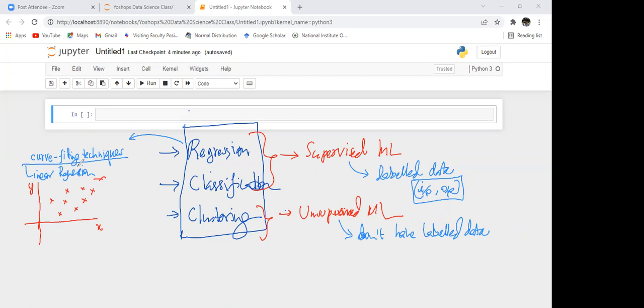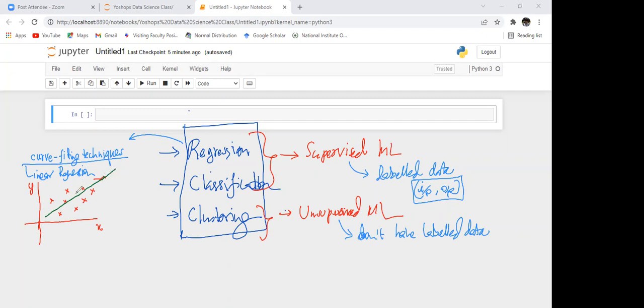So what linear regression does is, when I say linear regression means it tries to fit in a straight line that goes through these data points. Okay.